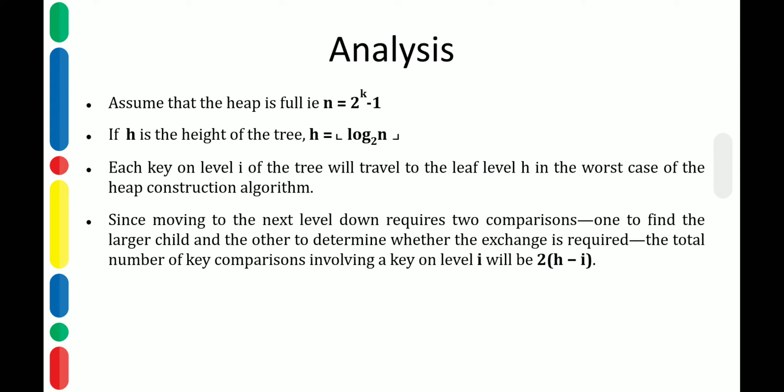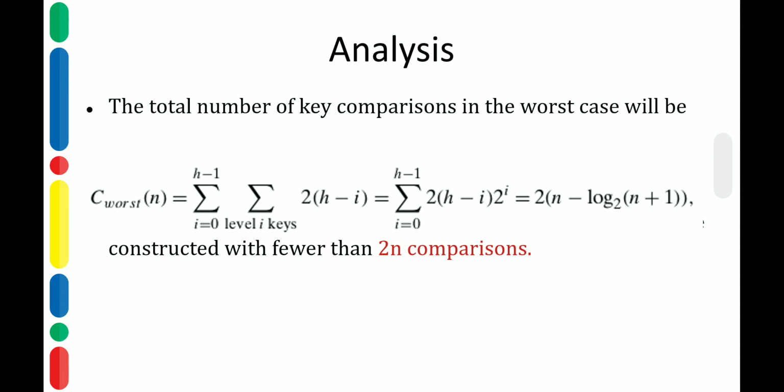If we want to find the total number of comparisons involving a key on level i, and at most we can move till h, then the total number of comparisons is 2 times (h minus i), because in each level we would require two comparisons, as discussed earlier. If we set up a summation, in the worst case, we find that C_worst(n) will be equal to 2(n minus log n), which is almost a linear order of growth.